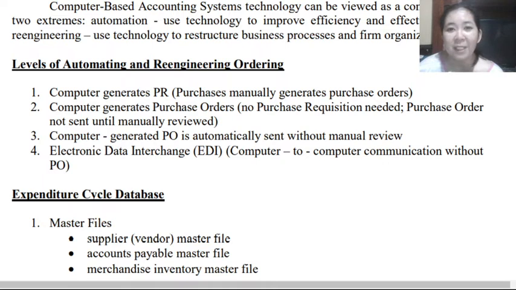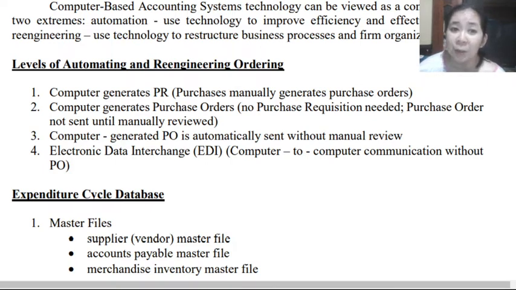In a manual system, this is generated manually by personnel. But if this is automated, then the computer system will make it for us. Second, computer-generated purchase orders, meaning there is no requisition needed, and the purchase order will not be sent until they are manually reviewed. So that's how it is in automation processes.